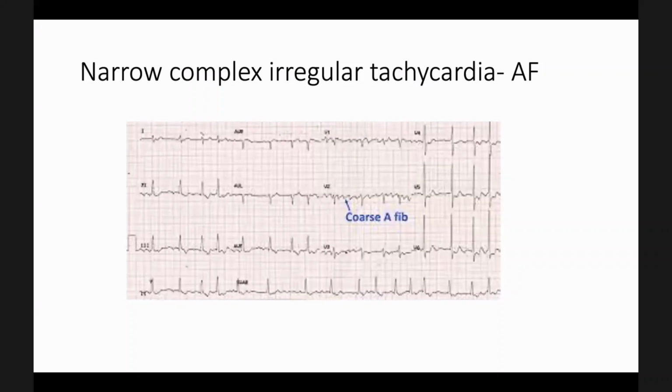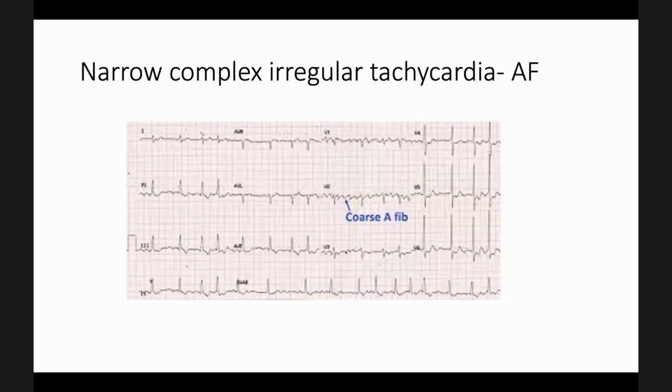But remember, if the patient's blood pressure is low, you cannot give amiodarone because there's a tendency for blood pressure to fall. In that situation, if the blood pressure is marginal and we want to give a medication, we give IV digoxin to control the rate. Later on, if the blood pressure is all right, you can give the amiodarone bolus.